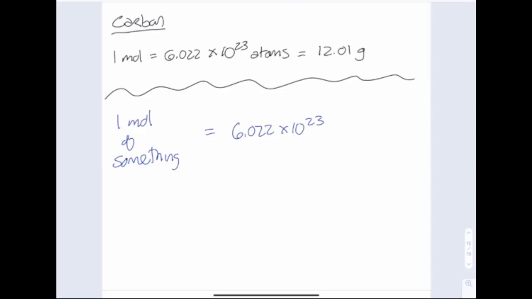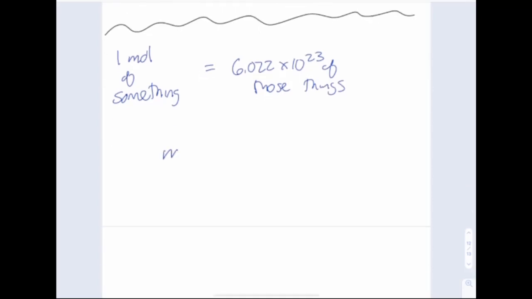So if I want to convert between the number of moles and the number of items, carbon atoms, molecules of water, unicorns, it doesn't matter, I am going to use Avogadro's number as my conversion factor.